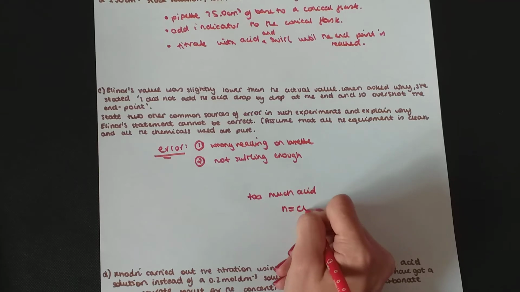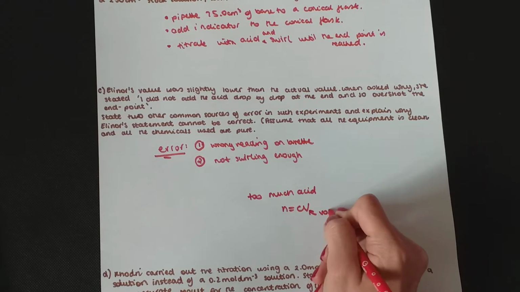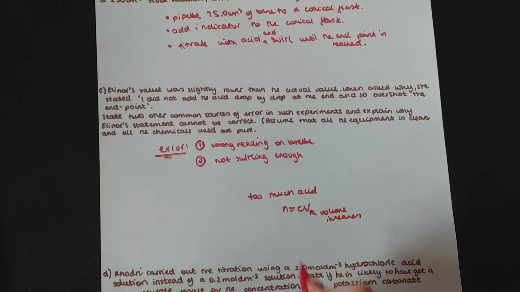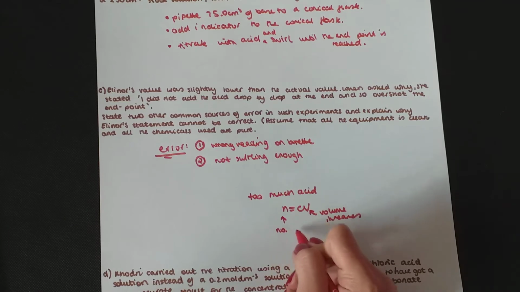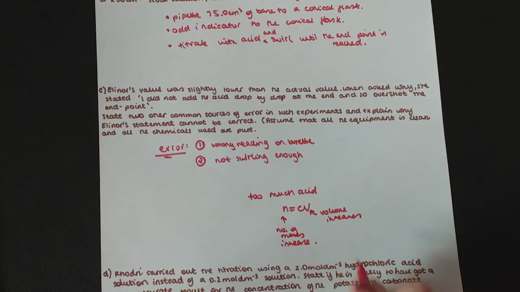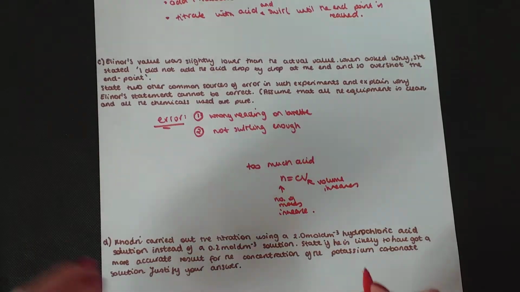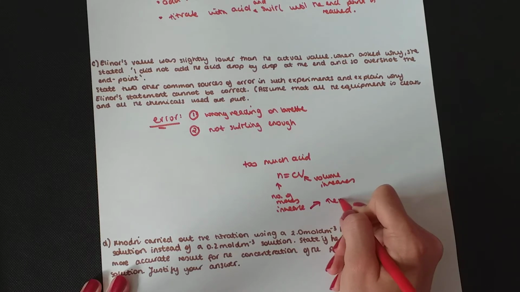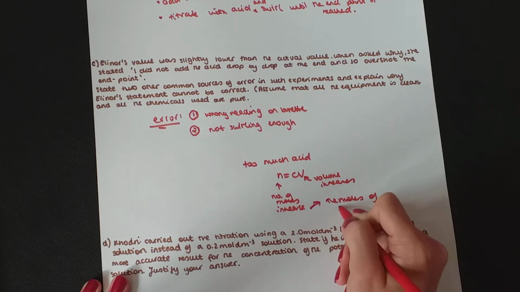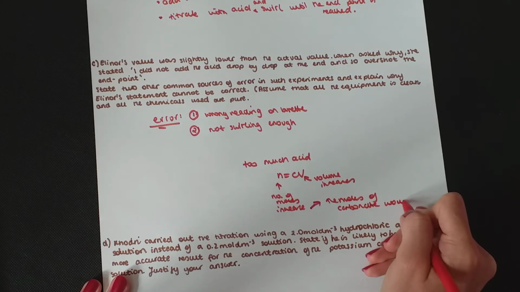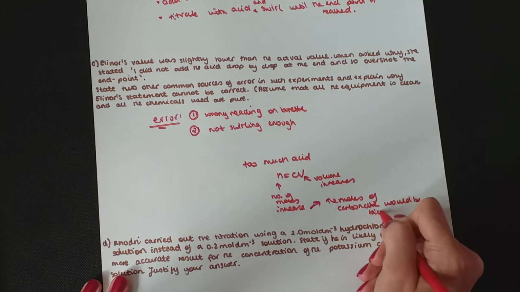And looking at our equation, if the volume increases, our number of moles increases too. So if the number of moles increases, that means the moles of carbonate would be bigger than the actual.